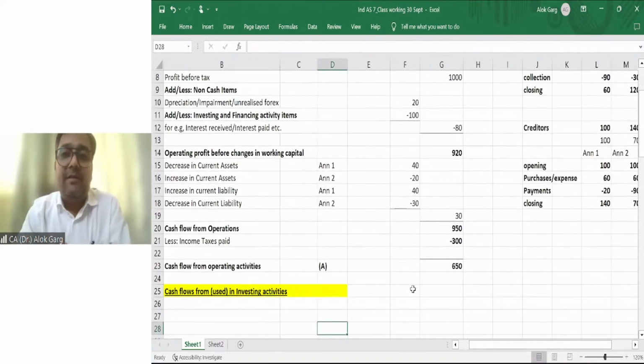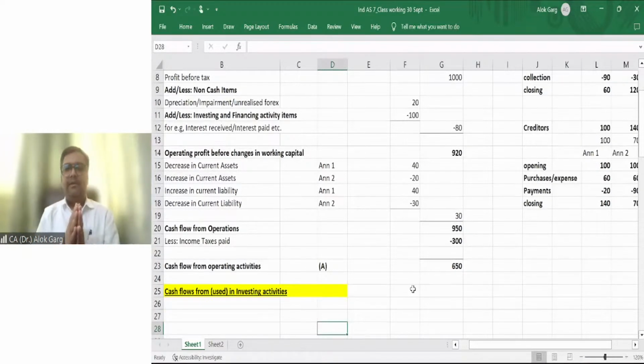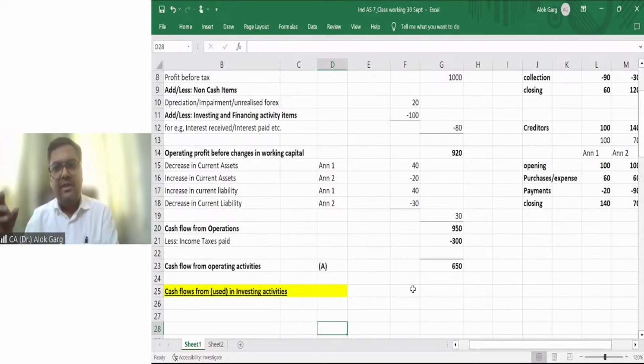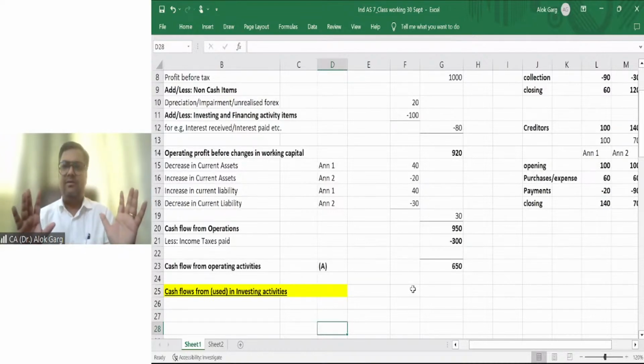So friends, what does it mean? It means from hardcore your operations, you are generating a cash flow of 650 crores. After adjusting your investing item, means you have deposited 1000 crores in your fixed deposit and you are getting 100 crore rupees of interest, this is not your business, right?